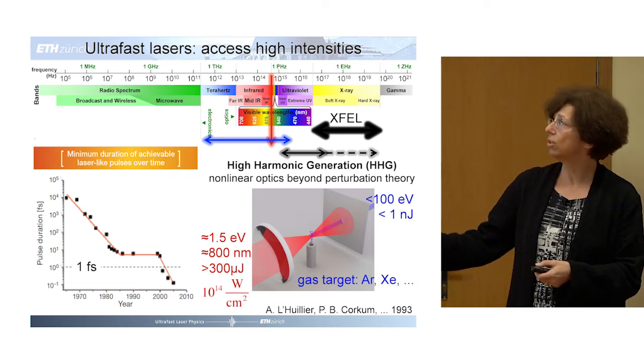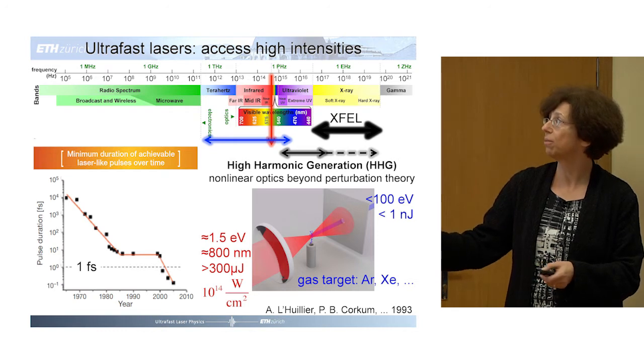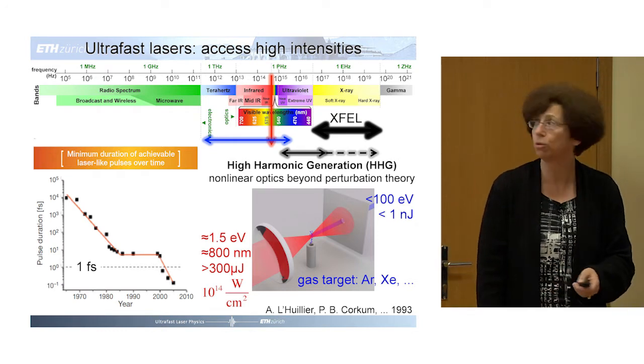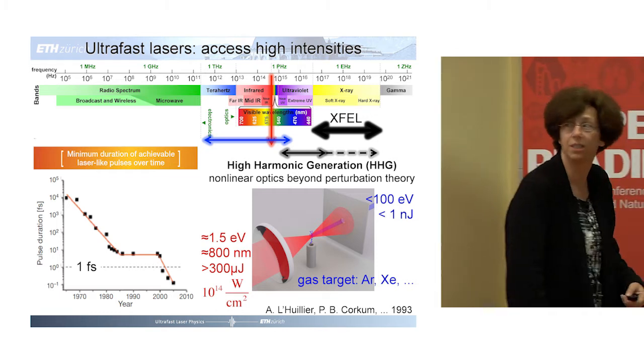So you started off still with the 800 nanometer laser, but you got a lot of power into it. You typically work with more than 300 microjoules with a peak intensity of 10 to the 14 watts per square centimeter.